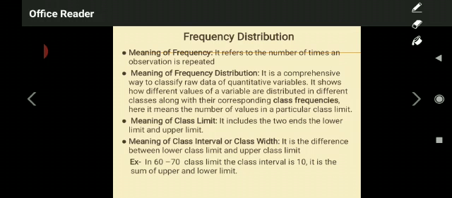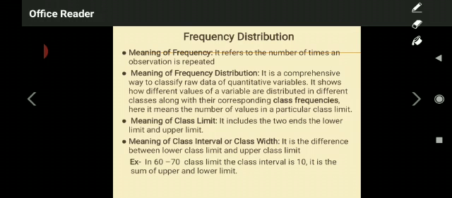Suppose in 10 to 20, for example, class limit, how many values are appeared? Like, for example, in 10 to 20, there may be 11, 12, 13, 14, 15, 16, 17, 18, 19. These are the frequencies. These are the values which are appeared in that particular class limit. That is called as frequency distribution.